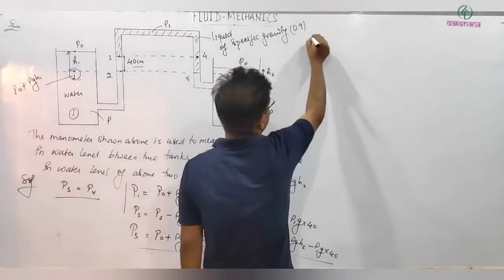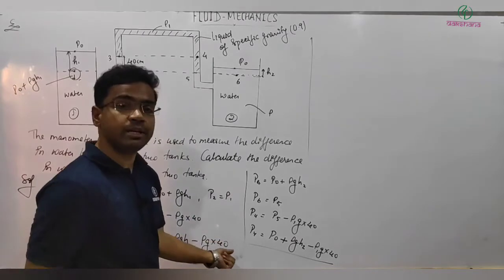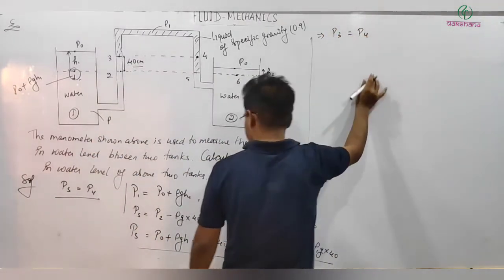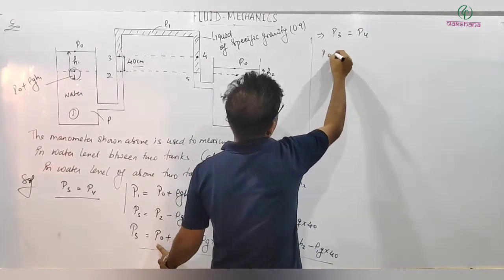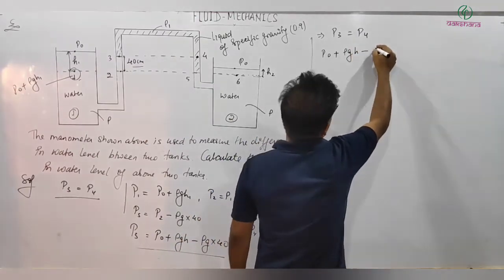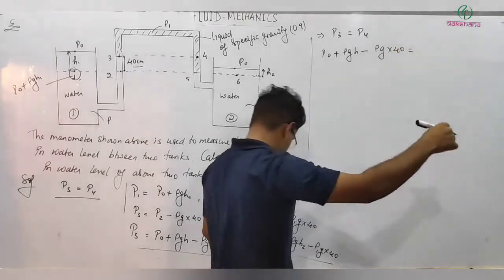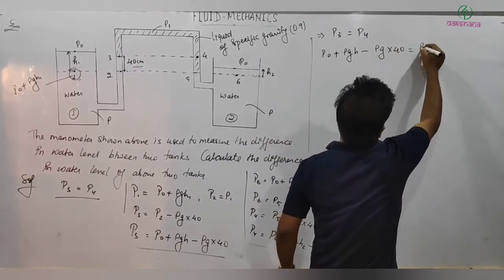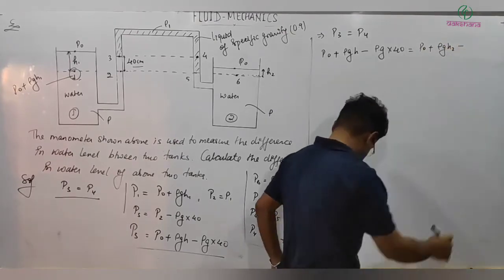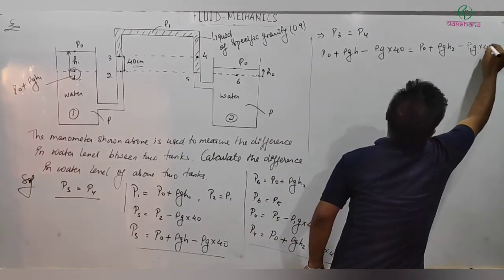Next thing is, because P3 and P4 are both at the same level in the same liquid, this implies equating P3 equal to P4. That means P0 plus rho G H1 minus rho G into 40 equals P4, which is P0 plus rho G H2 minus rho 1 G into 40.